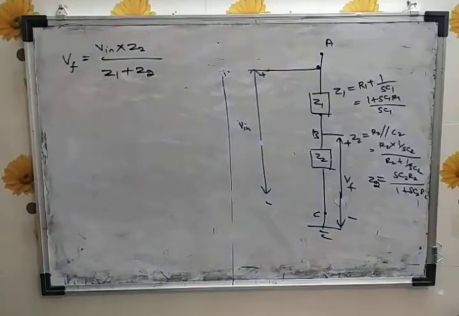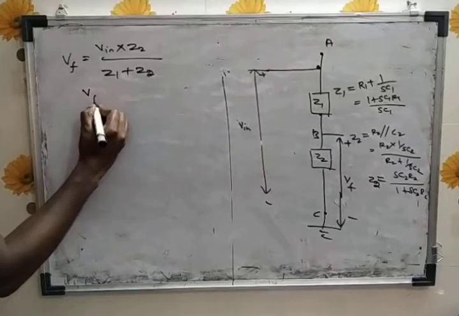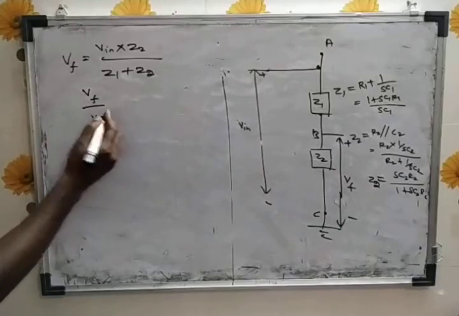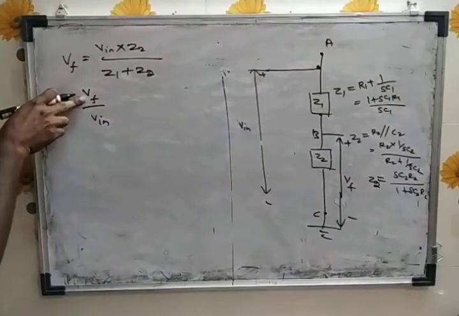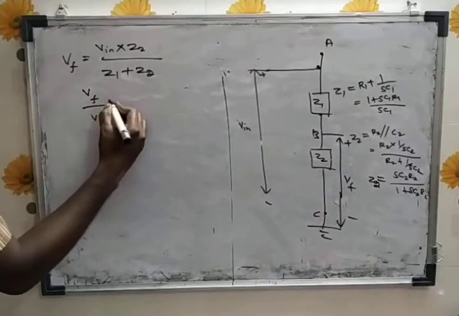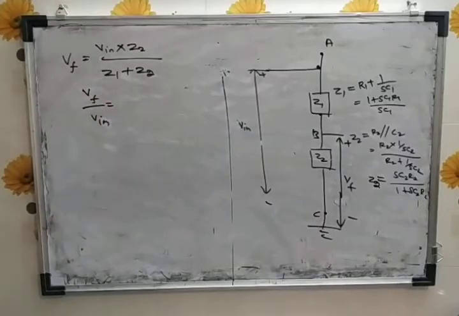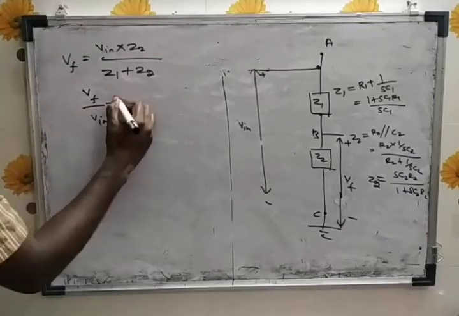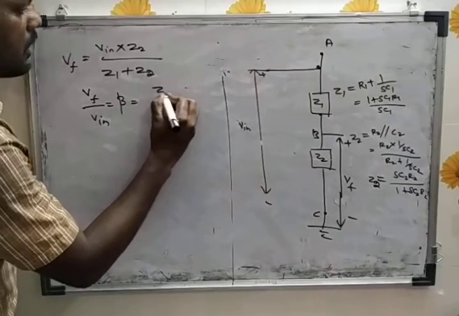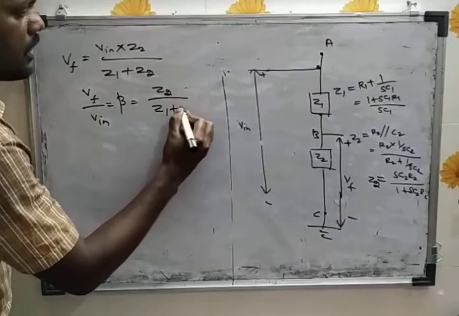So Vf by Vin, the output Vf to the input Vin, is called the reverse factor, that is the feedback factor beta, equal to Z2 by Z1 plus Z2.